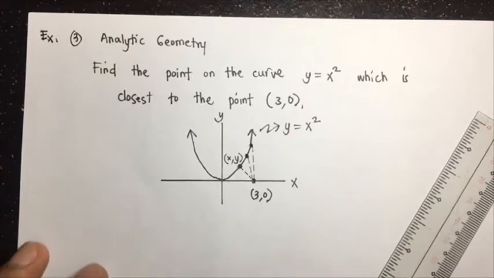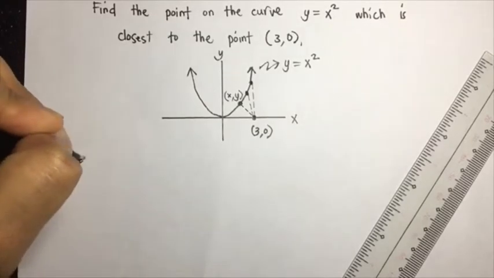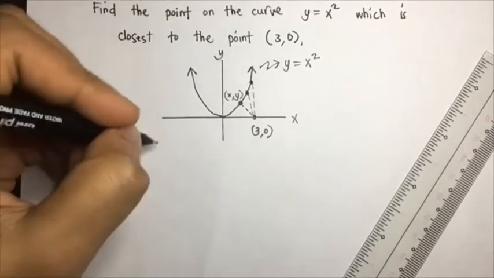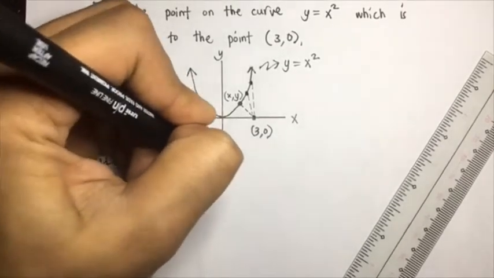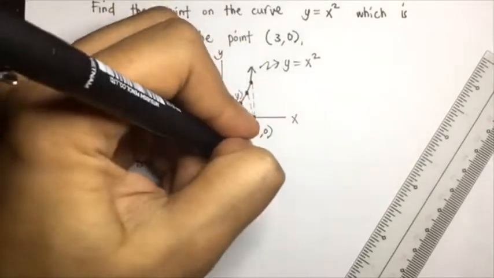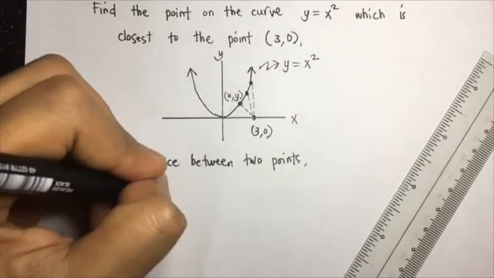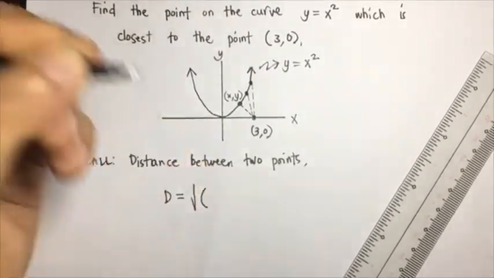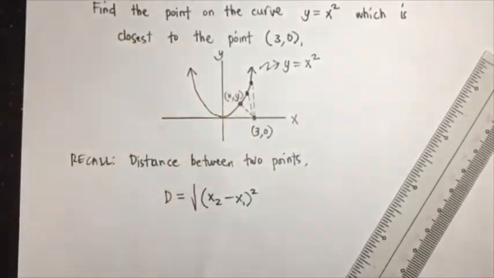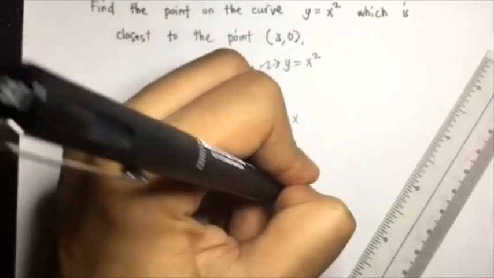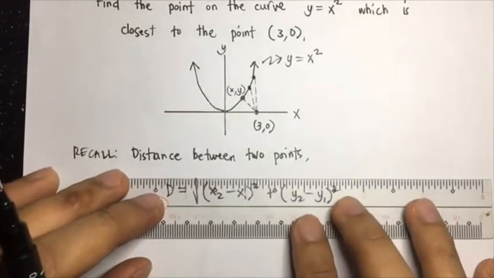And if you recall the distance formula from analytical geometry, the distance between two points: d is equal to the square root of (x2 minus x1) squared plus (y2 minus y1) squared.